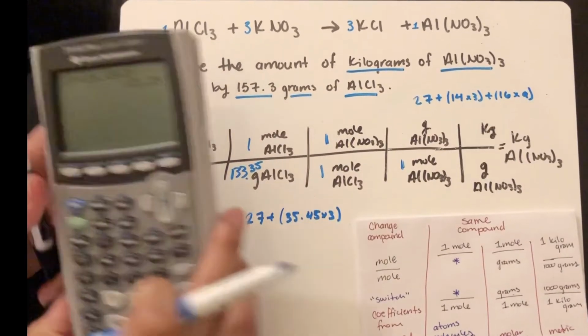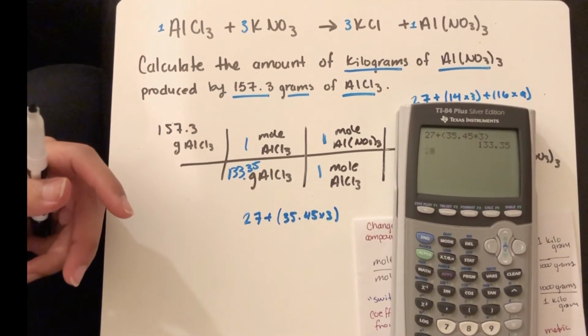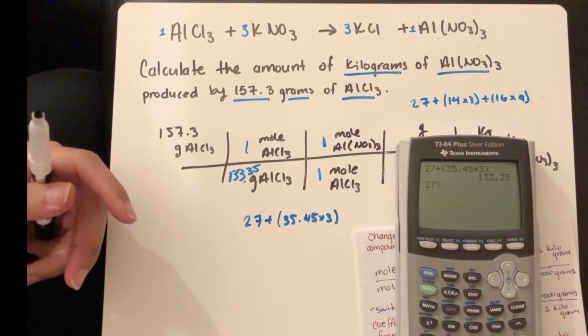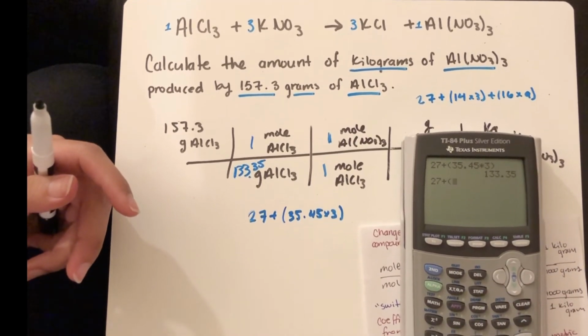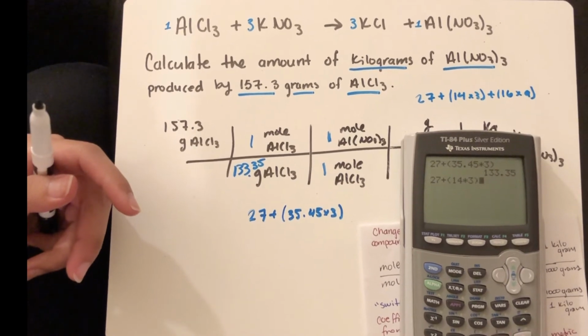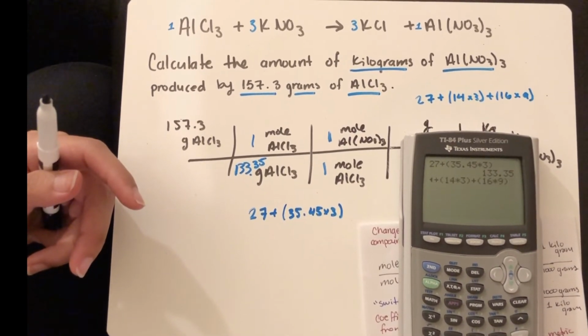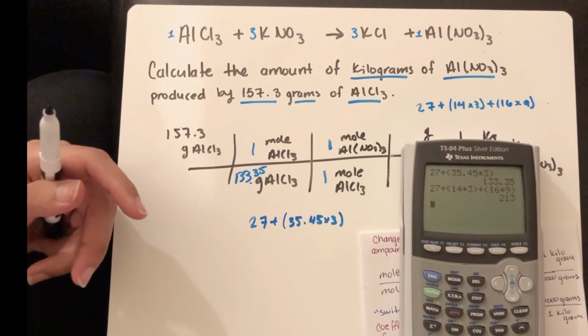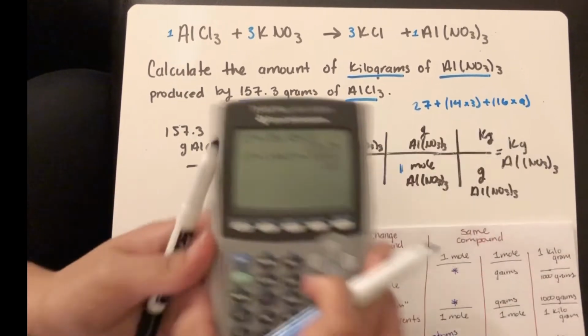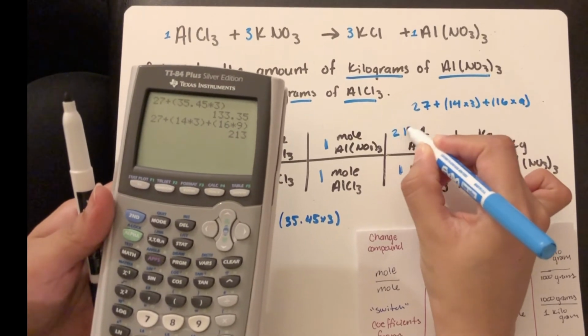So we put that into the calculator, and we're going to have 27 plus parentheses, 14 times 3, close parentheses, add 16 times 9, close parentheses, and we are going to then have 213 grams. So that is what we're going to write here.